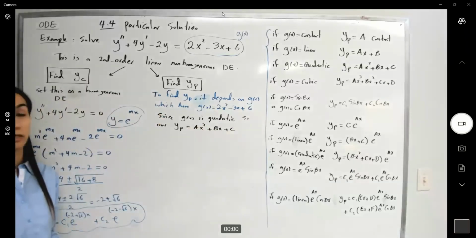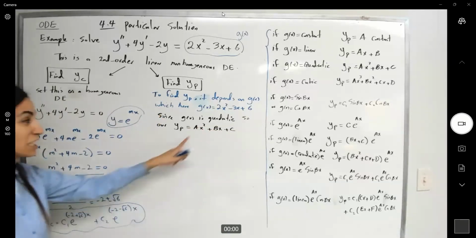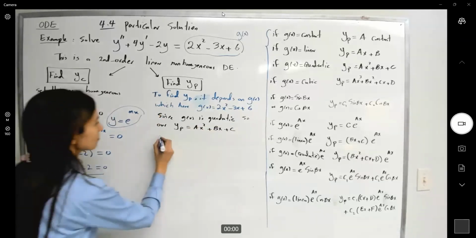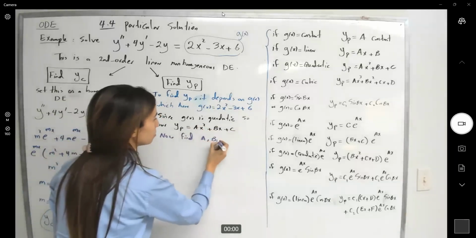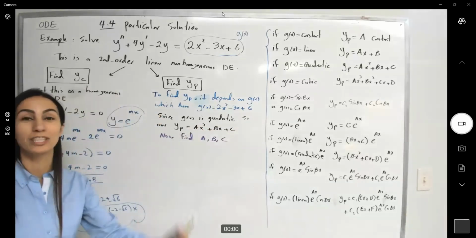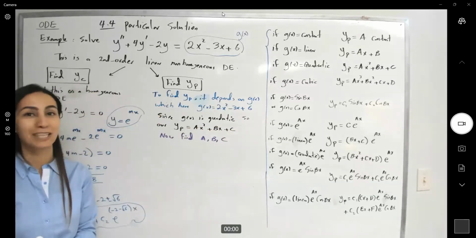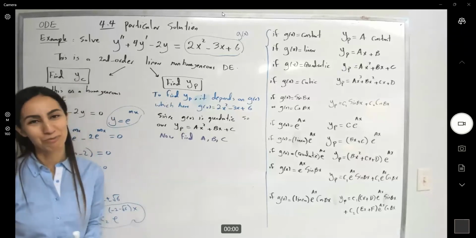But what is a? What is b? What is c? We need to find these missing values. It's a particular solution. It cannot have missing parameters. We need to associate numbers to a, b, and c.